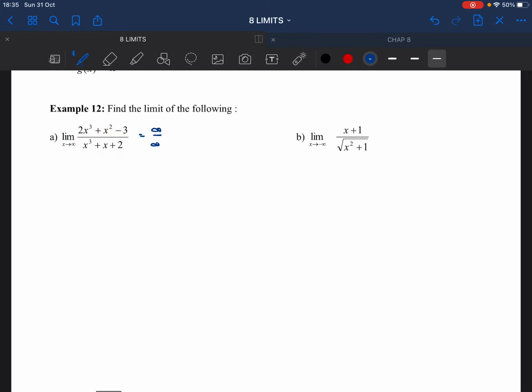So what you are going to do is basically divide each term. First, write x approaches infinity. Just divide each term, that means everything here, by x cubed.